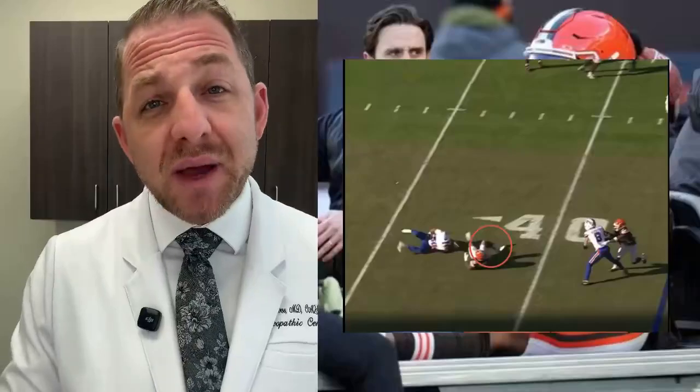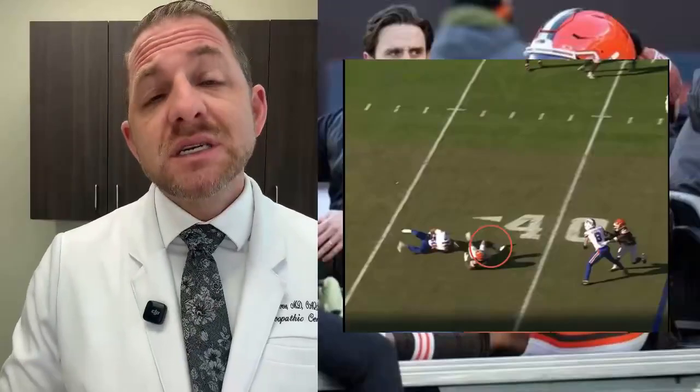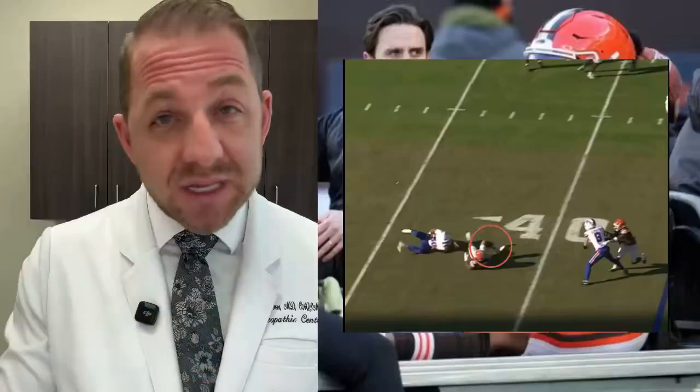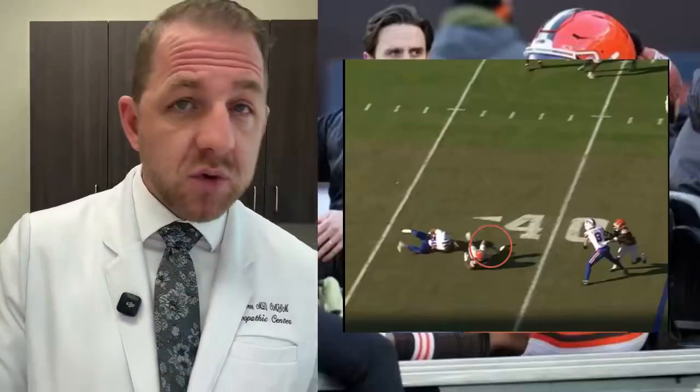Now, as we've seen in the past with other fractures and dislocations, the lateral ankle sometimes completely turns the other way, like we saw with Chris Godwin, like we saw with Cam Skattebo. That was not the case here from what we could tell. So if you have a leg that is facing an abnormal angle, there's traditionally only one of two possibilities.